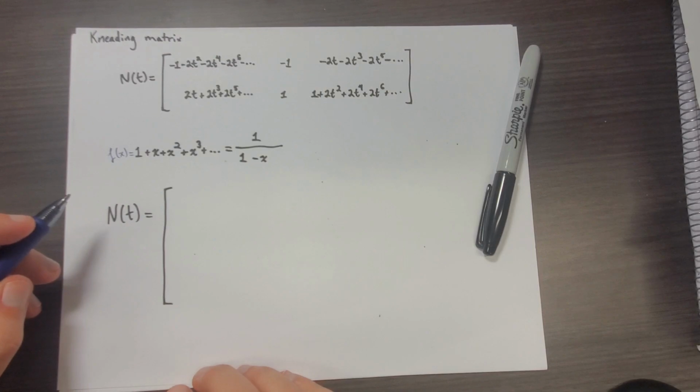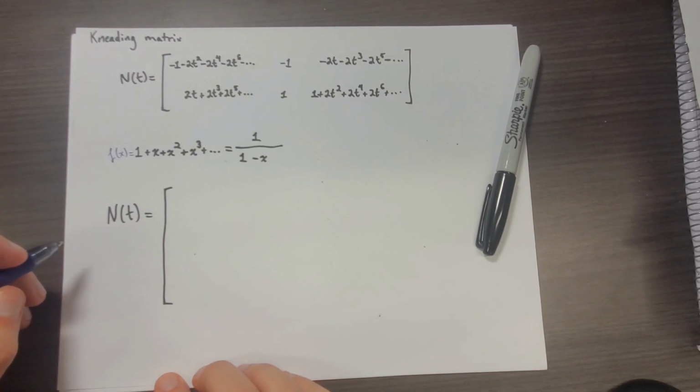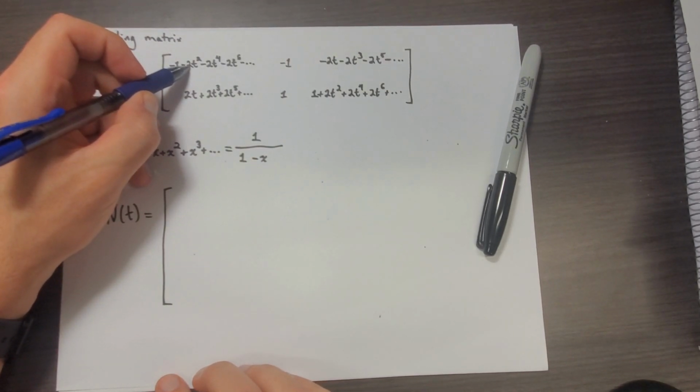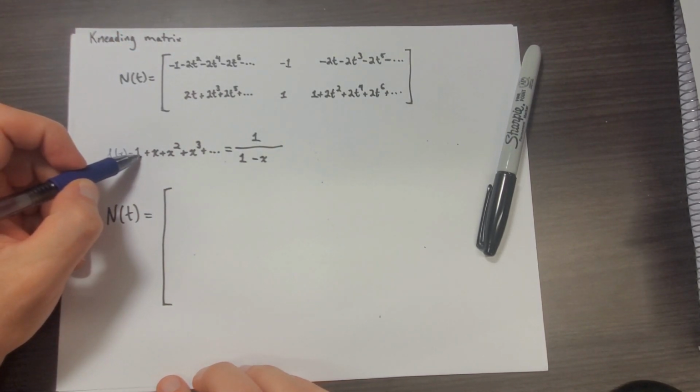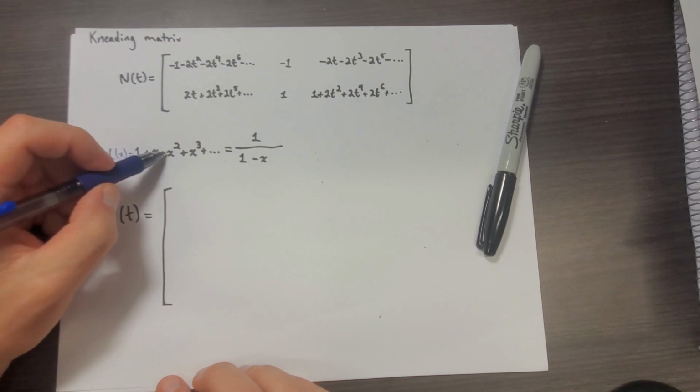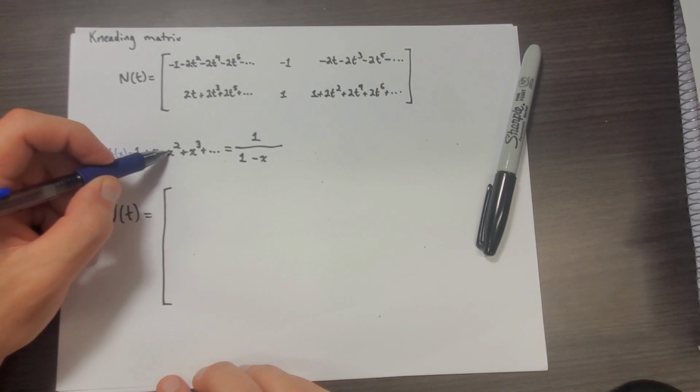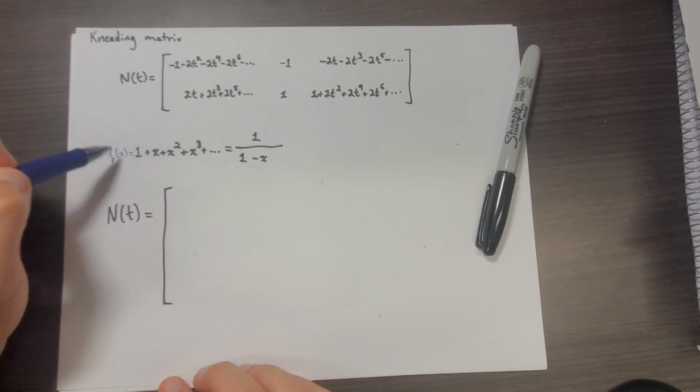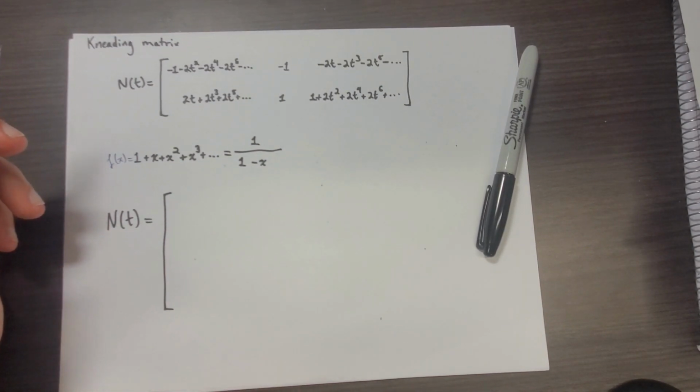So the first one, it looks like I can't get these 2's to come out of this thing, because if I put a 2 in here, then when I square x, the 2 is going to get squared as well. When I take the cube of x, it's going to square that as well. So that's not exactly going to work. I need to do some kind of trick.